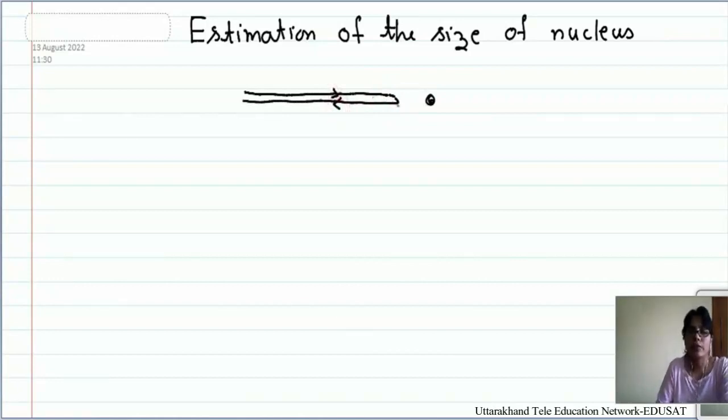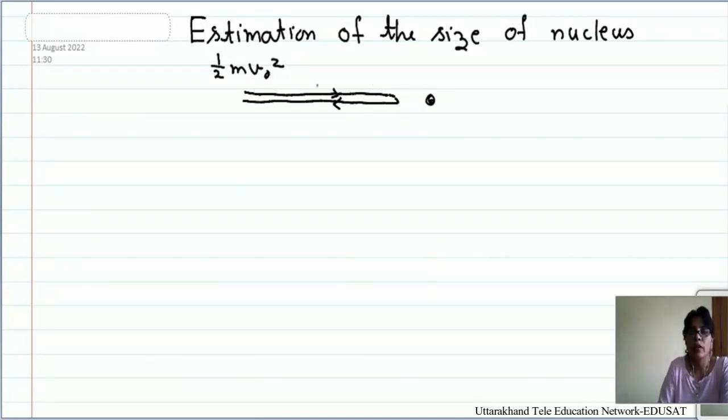So what actually happens here? It has some initial kinetic energy, let us say half m v naught square, and it comes with this kinetic energy towards the nucleus. When the alpha particle approaches the nucleus at the closest distance, because of the Coulomb repulsion, this energy decreases continuously, and then momentarily it comes to rest.